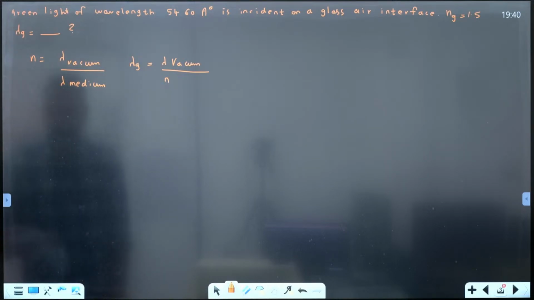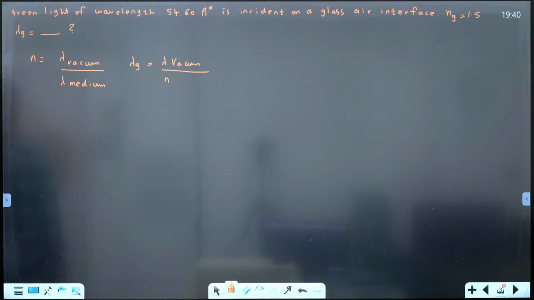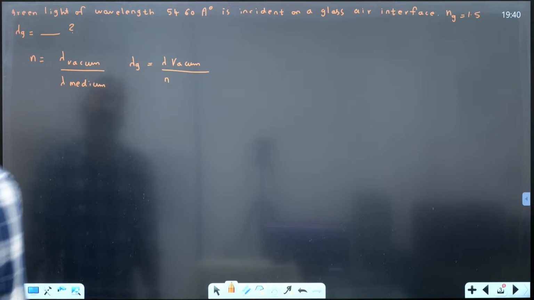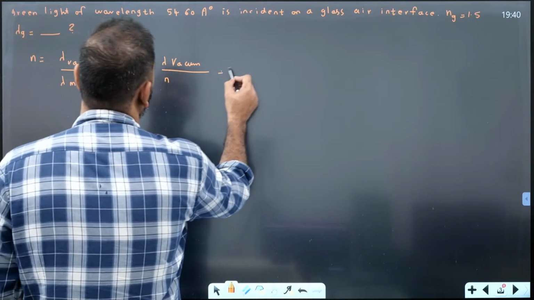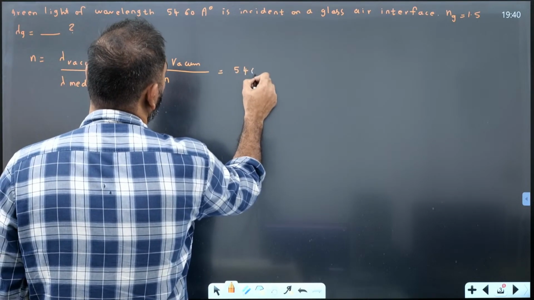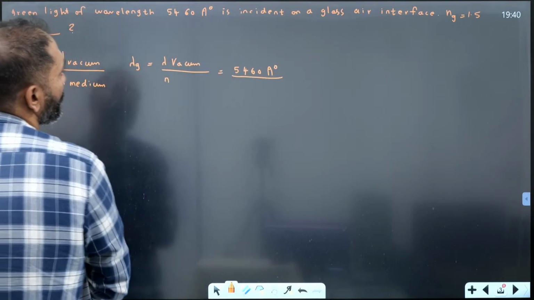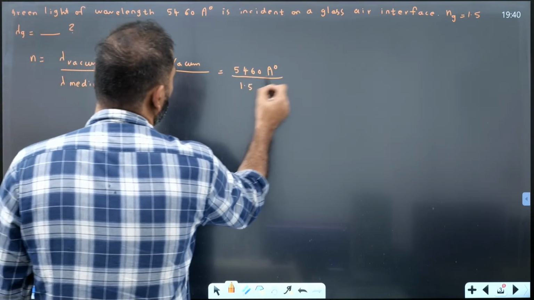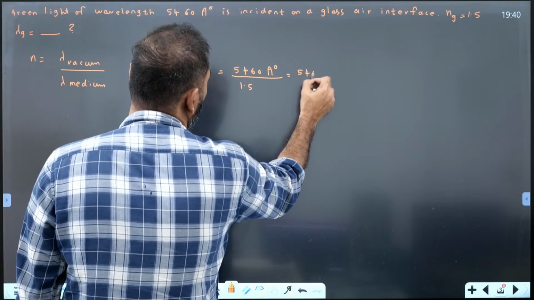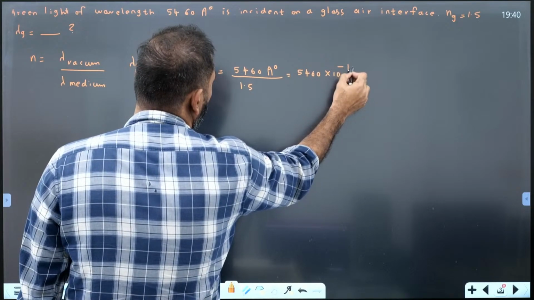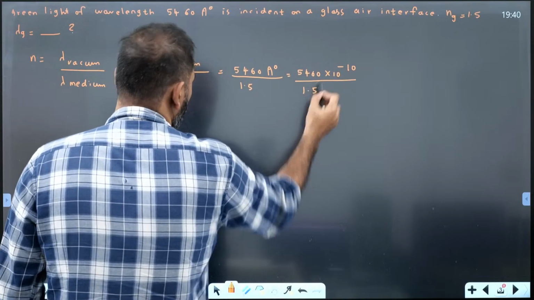You can do it yourself. Wavelength in vacuum is 5460 angstrom divided by refractive index 1.5. So 5460 into 10 raised to minus 10 divided by 1.5.